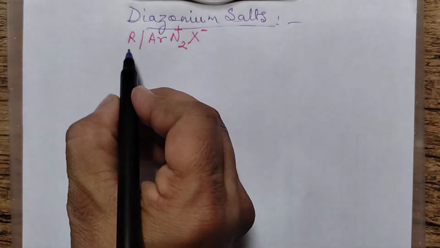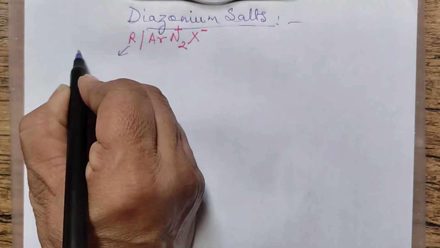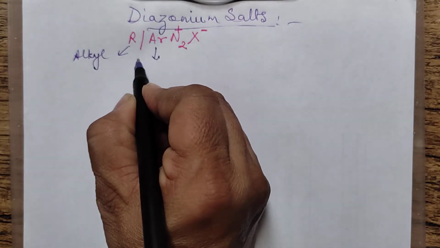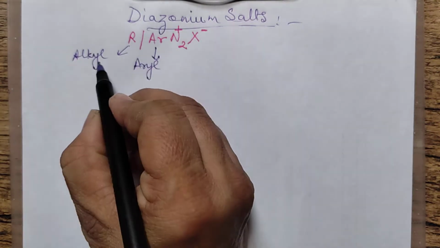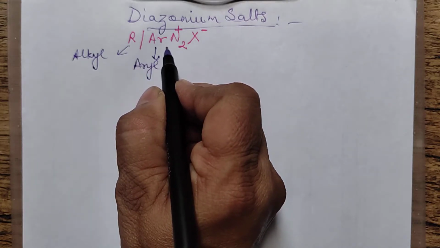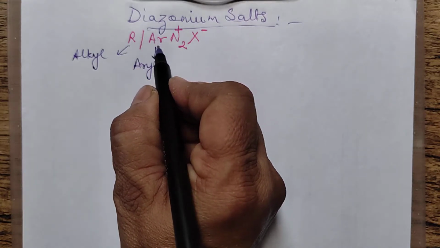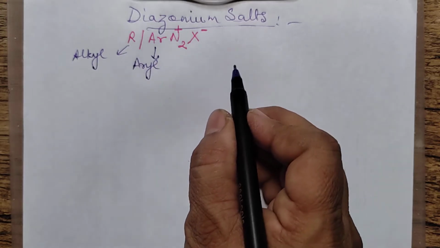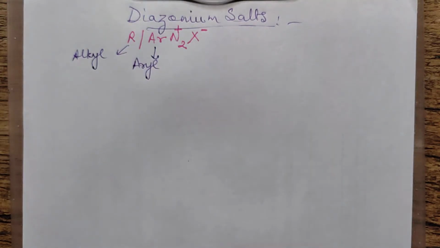R is an alkyl group and Ar stands for aryl group. Either it can be alkyl or aryl, but in this part we will be focusing on aryl, because aryl diazonium salts are comparatively more stable. We will also discuss just now why they are more stable.